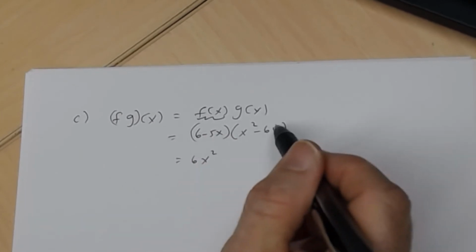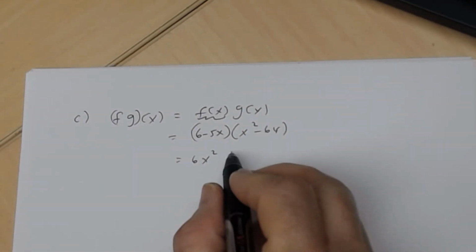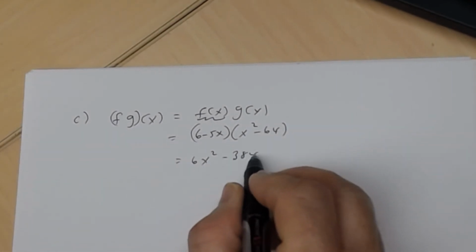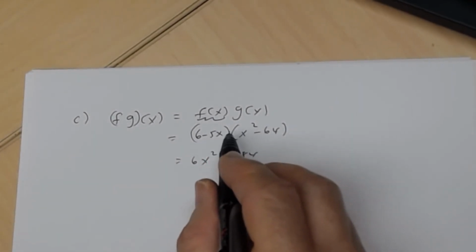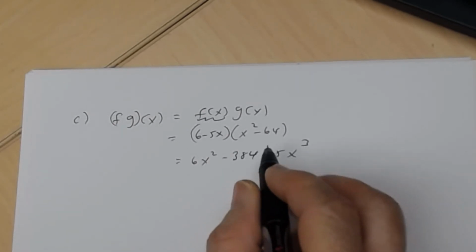The outer, 6 times 64, is going to give me, let's see what that is, 384, so minus 384. A negative 5x times x squared is a negative 5x cubed, right? Cubed.